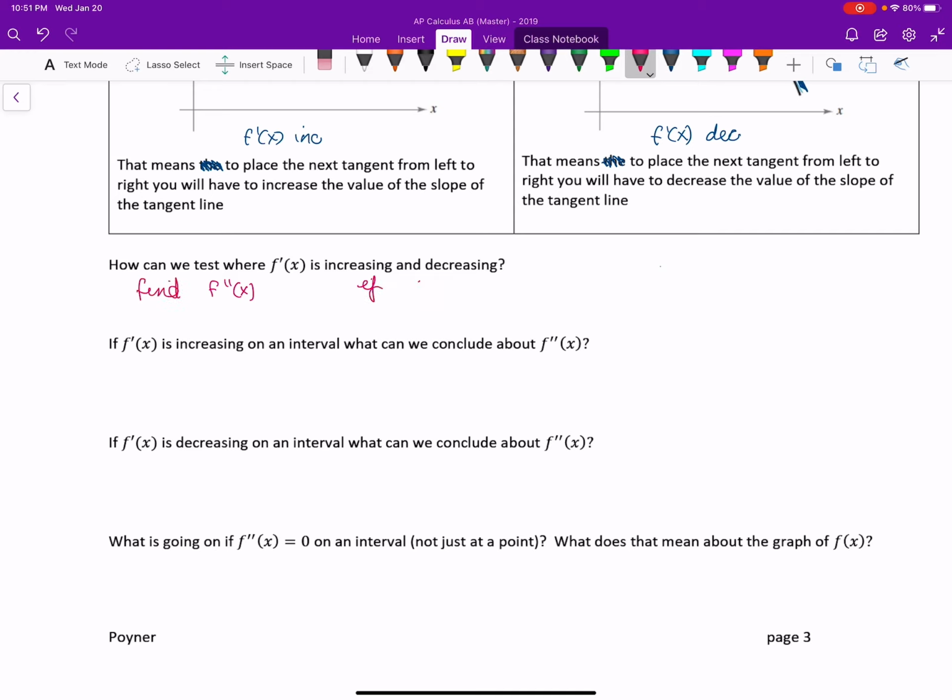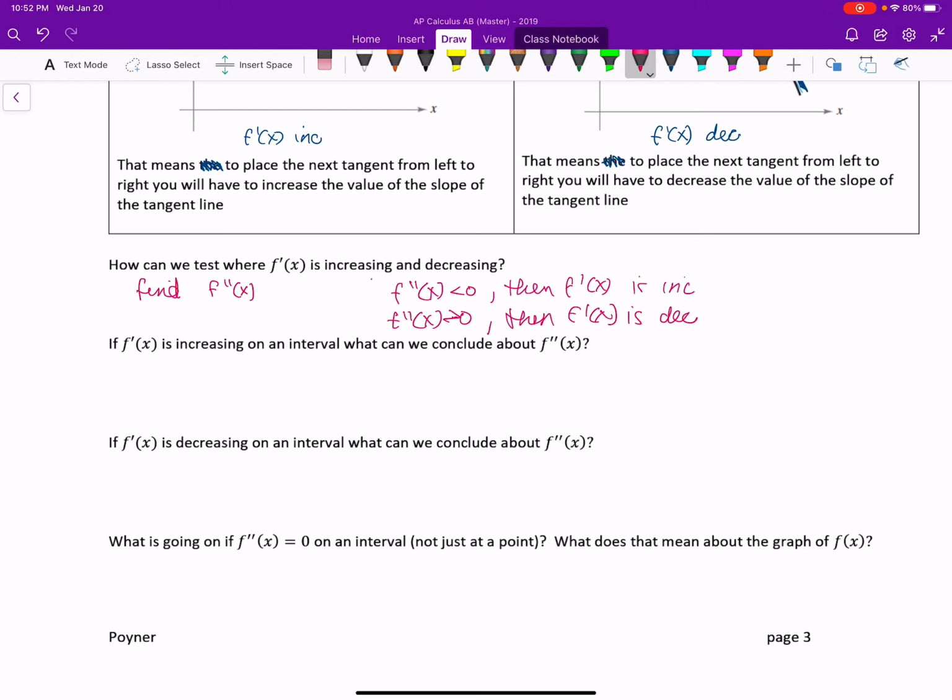And I know if f double prime of x is less than 0, then f prime of x is increasing. If f double prime of x is greater than 0, then f prime of x is decreasing.